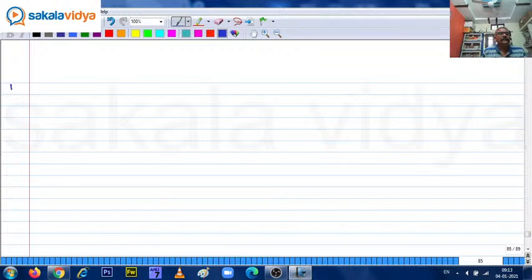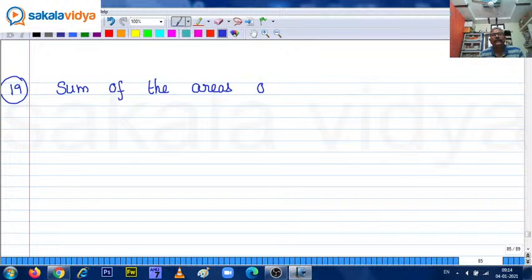So now the 19th question. Sum of the areas of two squares is 468 meters square.